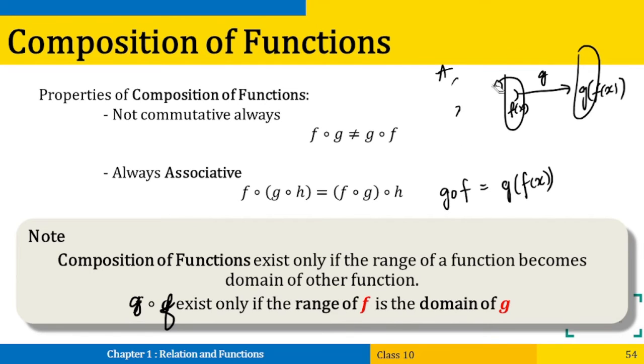If this relation g has to be a function, all the elements of f of x have to be mapped to some element in the codomain. So that's the case here. Hope this is clear to you. If it's not clear, again mention it in the comment box.